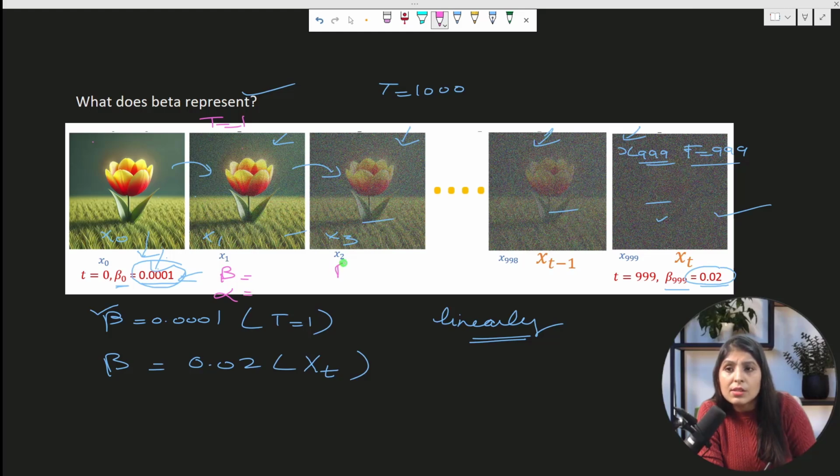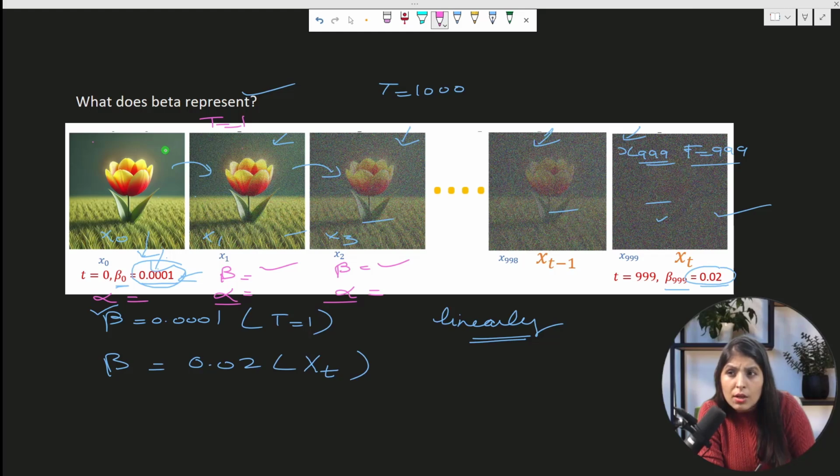For each time step, we are going to have some value of beta and some value of alpha. Beta, we understood, is the amount of noise we want to add. Now what is this alpha at each time step? This alpha means how much information from that image you want to preserve. Here we can see the flower, but with little noise on it.